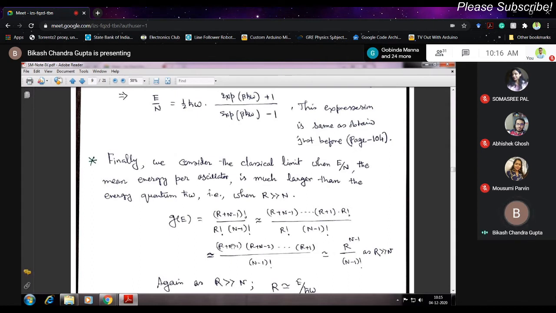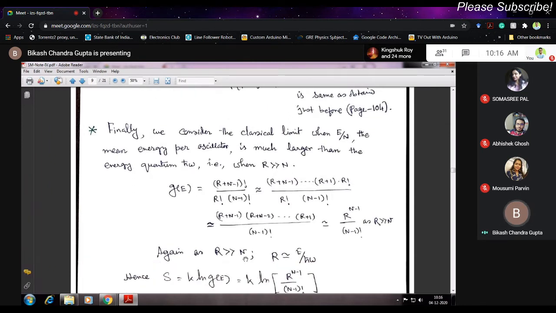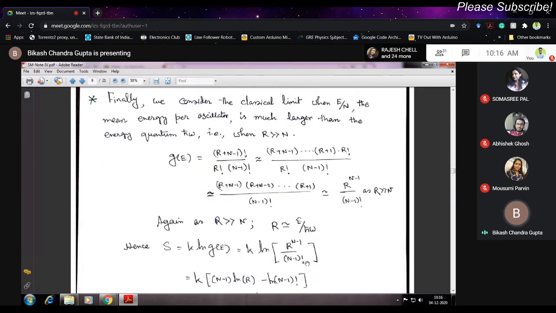This is r to the power n minus 1, there are n minus 1 terms, divided by n minus 1 factorial. And again r is very large compared to n, and r is e minus n h cut omega by h cut omega, right? So you can neglect n, and therefore you have r equals e by h cut omega.